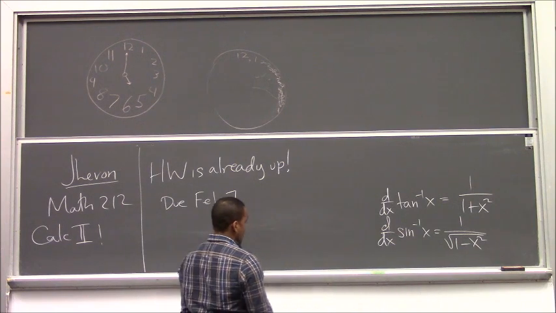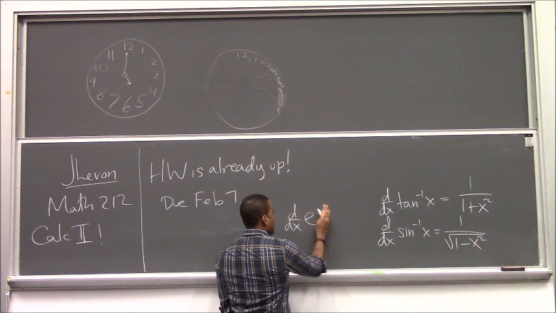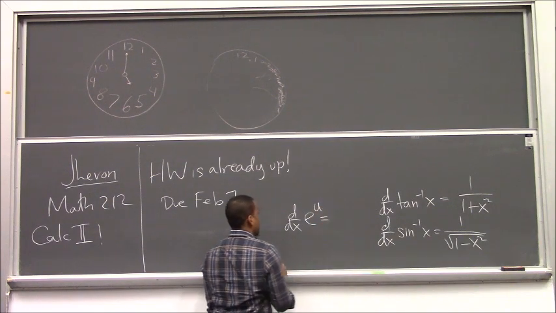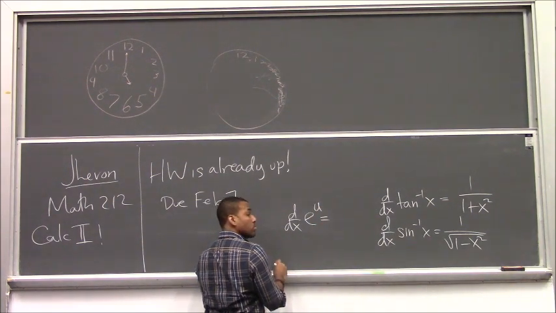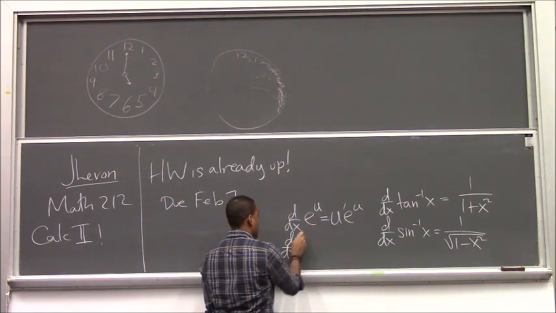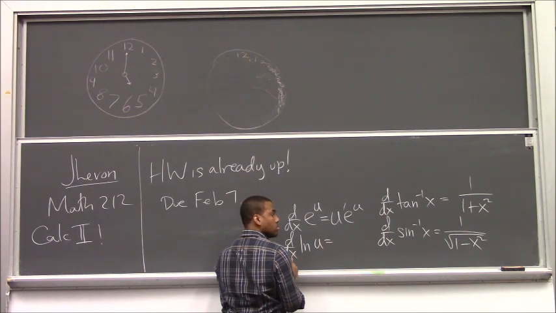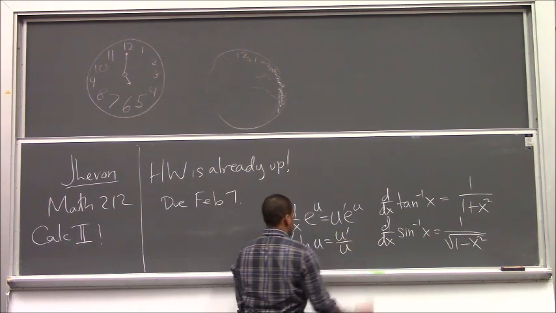I expect you to know how to differentiate exponentials and logarithms. So like e to the u, what is that? d dx of e to the u is u prime e to the u. What is d dx of ln u? u prime over u.